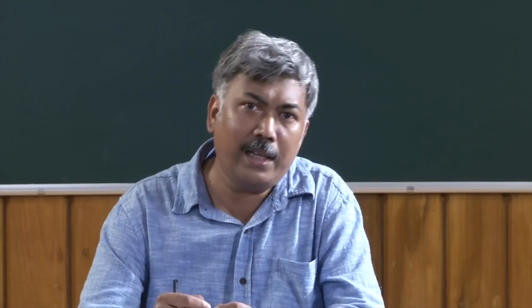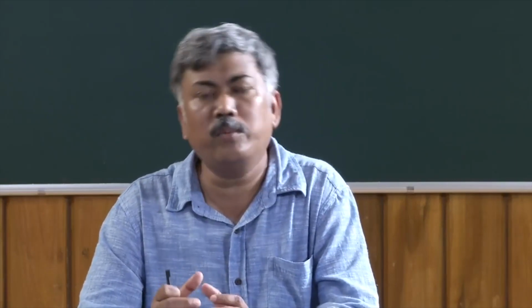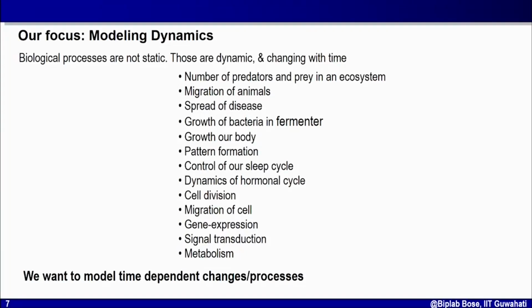If you look at the cellular level, protein production, transcription, gene regulation, gene expression and its regulation are all dynamic processes. They are changing with time. Talk about signal transduction, calcium signaling, signaling by the phosphorylase system. These are all dynamic processes. So most of the biological processes, from the cellular molecular level to the population level, are actually dynamical processes. And the focus of our course is how to model these dynamical processes.